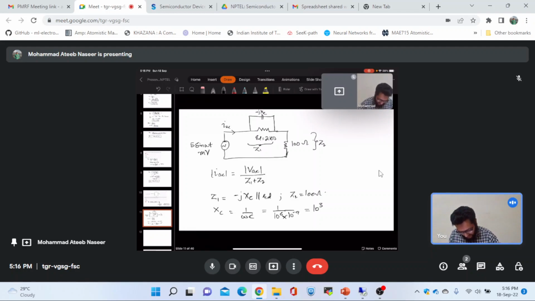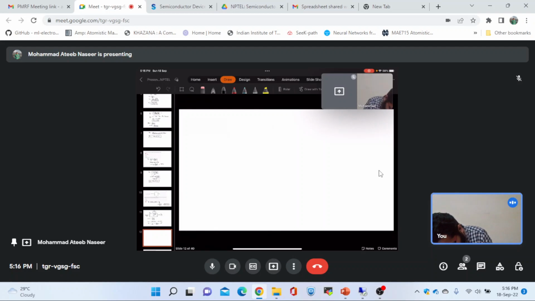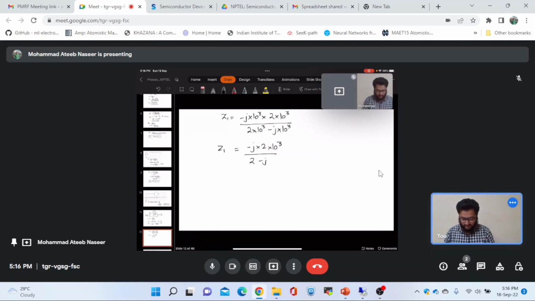If I solve for Z1, Z1 will simply be equal to minus j into 10 raised power 3 in parallel with the 2K resistor, divided by 2 into 10 raised power 3 minus j into 10 raised power 3. Or simply I can write it like this: minus j into 2 into 10 raised power 3, divided by 2 minus j. This is the impedance Z1.